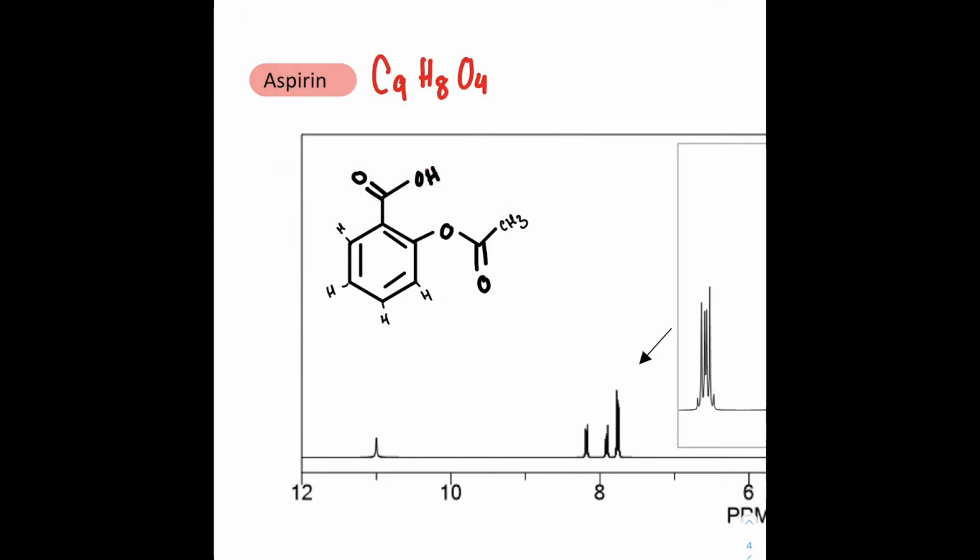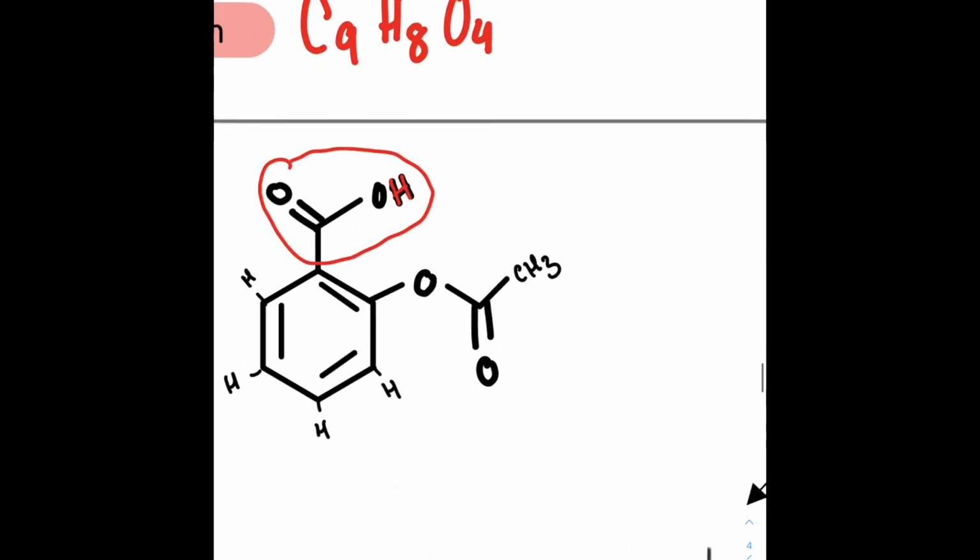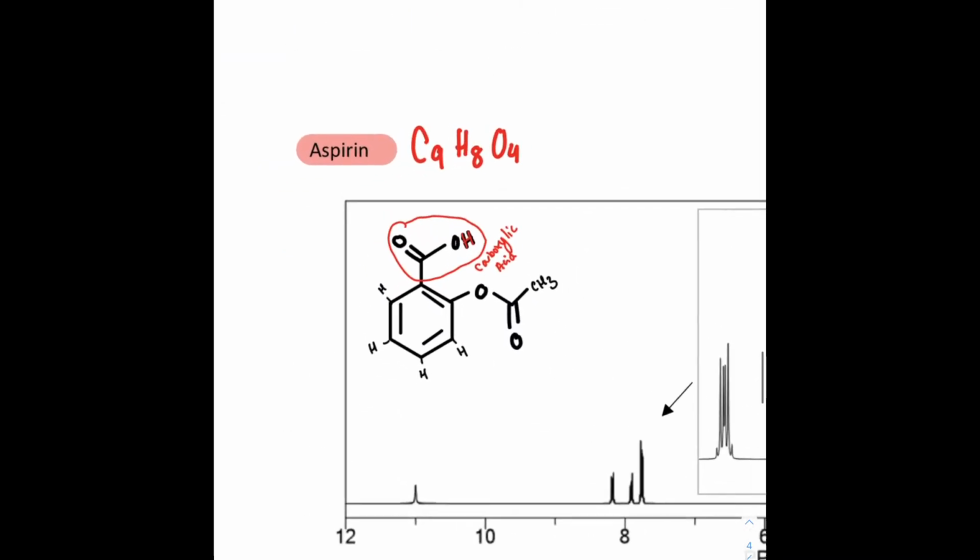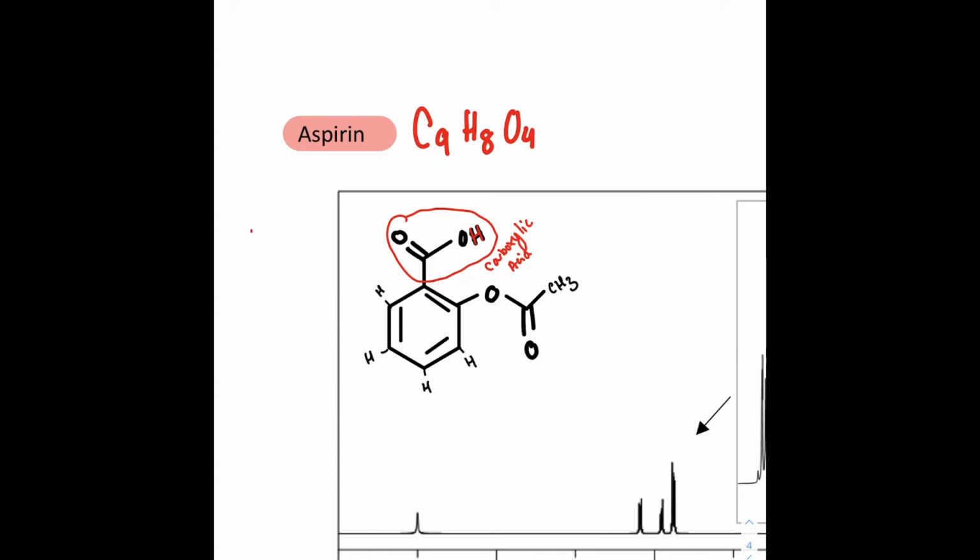So we're going to start with our hydrogen in this alcohol again, and then if you look, this whole group right here is a carboxylic acid. So I'm going to take note of that because that is super important. And then I'm going to make my little table over here, and I'm going to say that's group A, and it has 1 hydrogen.